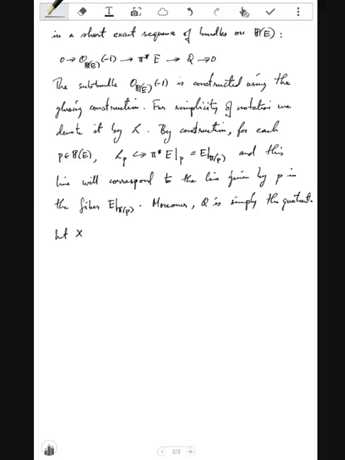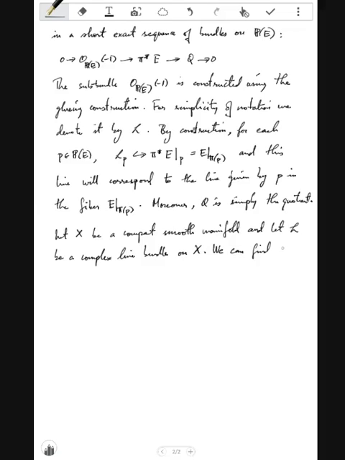So let X be a compact smooth manifold and let L be a complex line bundle on X. We can find finitely many global sections of L dual which generate everywhere.